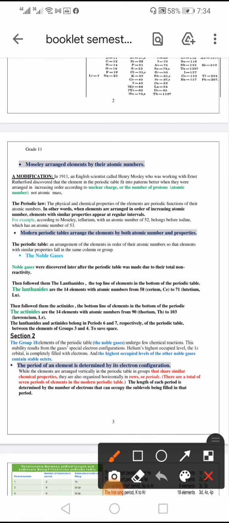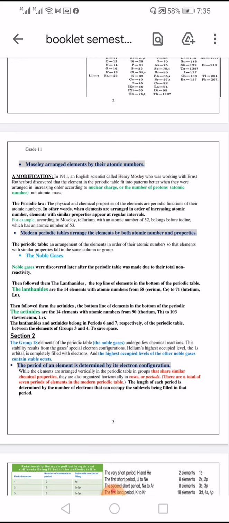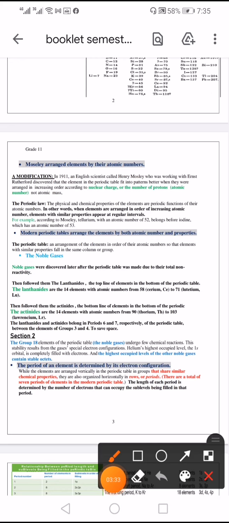Moseley arranged elements by their atomic number. In 1911, an English chemist called Henry Moseley, who was working with Rutherford, discovered that elements in the periodic table fit into patterns better when they were arranged in increasing order of atomic number rather than atomic mass.